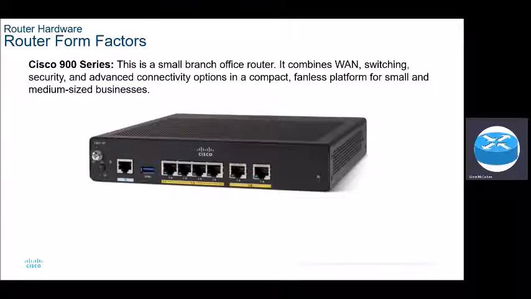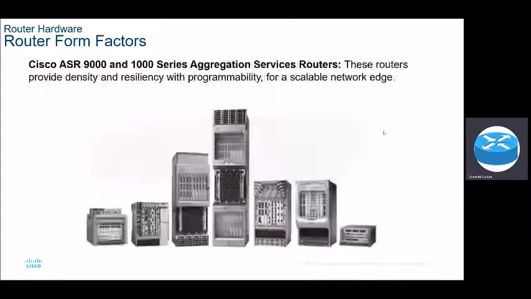As you can see here, we've got 6 ports, and of course you can configure which one is outside and inside and the like. The ASR 9000 and 1000 series aggregation services routers provide density and resiliency with programmability for a scalable network edge.